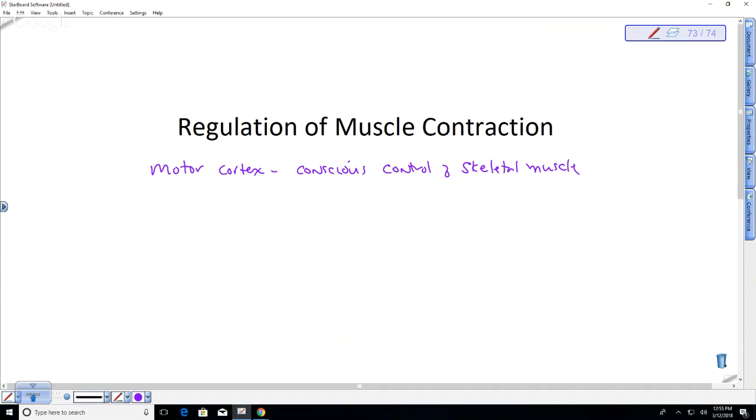From the motor cortex, we have axons that extend out and down, and those are called motor neurons. So motor neurons innervate skeletal muscle.